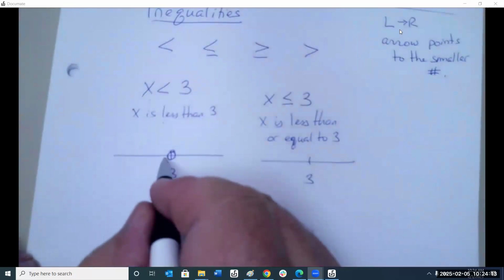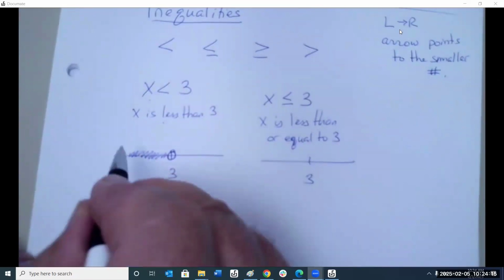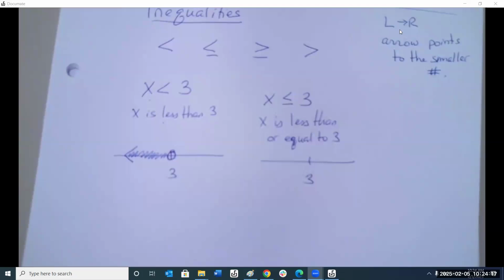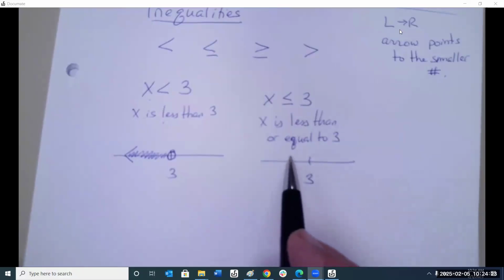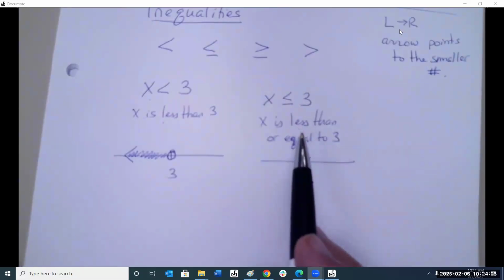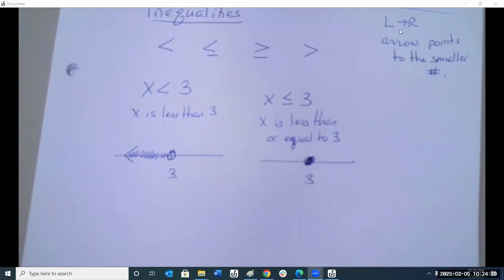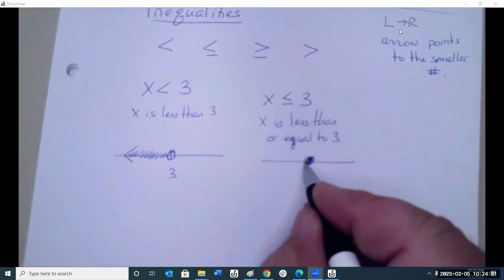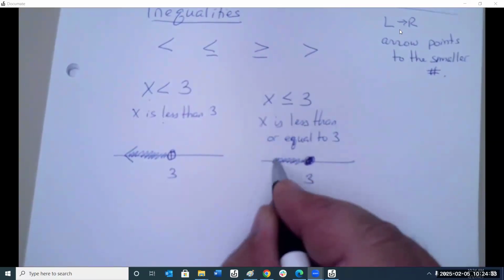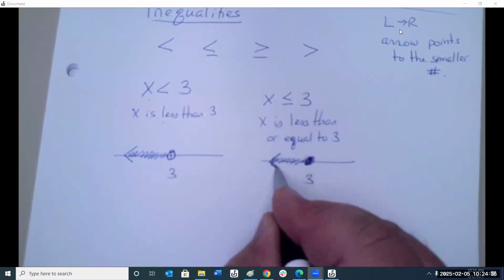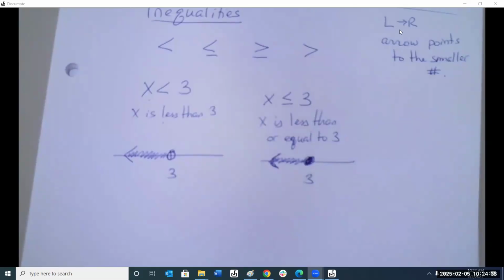And x is less than, so it means it goes everywhere to the left. How about this one? Can we use 3? Yes. So it's a solid dot. X is less than, so it's to the left. That's the graph.